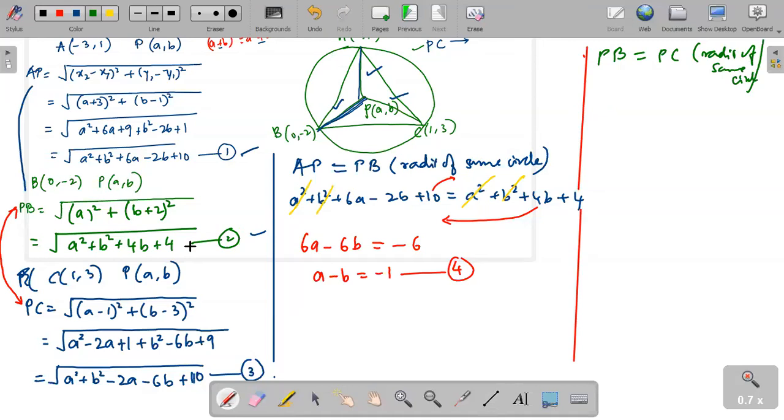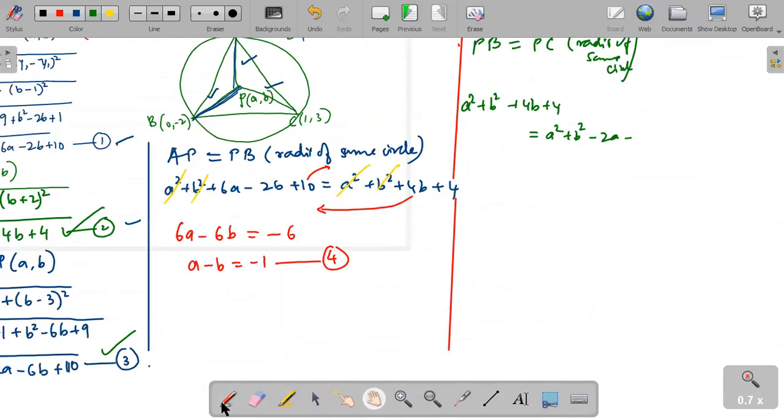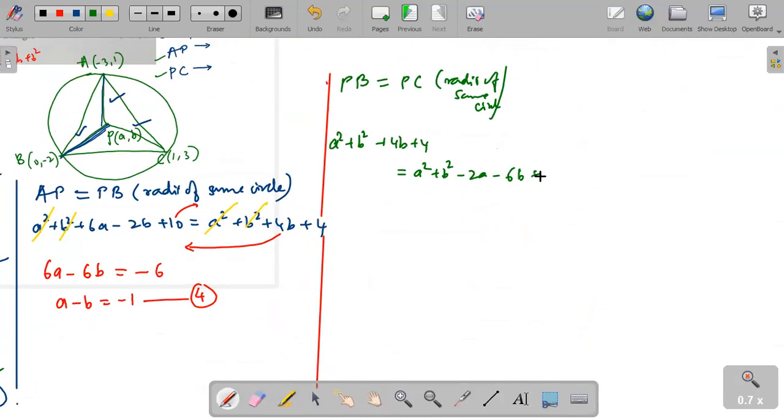And when we are equating both of them, equation 2 and equation 3, the roots will get crossed out. We are left with just a squared plus b squared plus 4b plus 4, which is equal to a squared plus b squared minus 2a minus 6b plus 10. Check, a squared and b squared get crossed out.